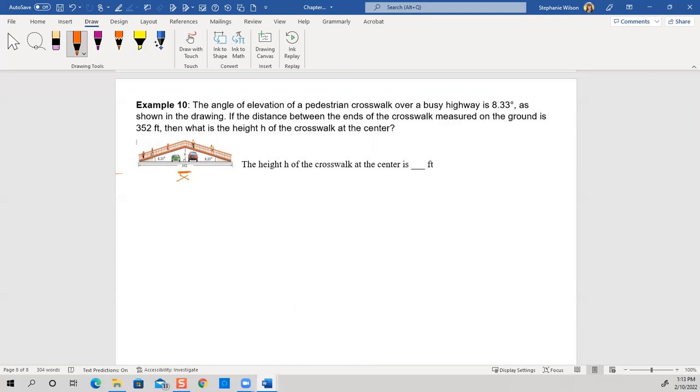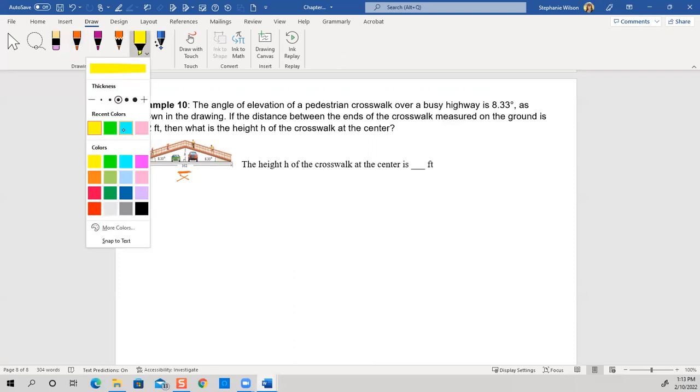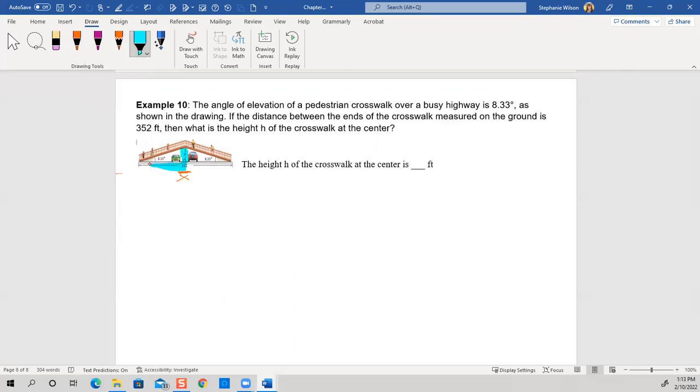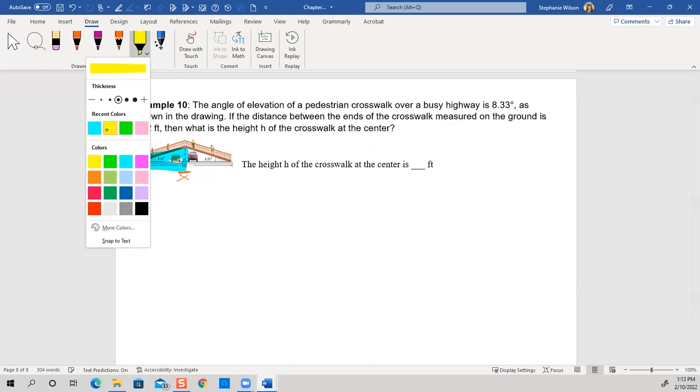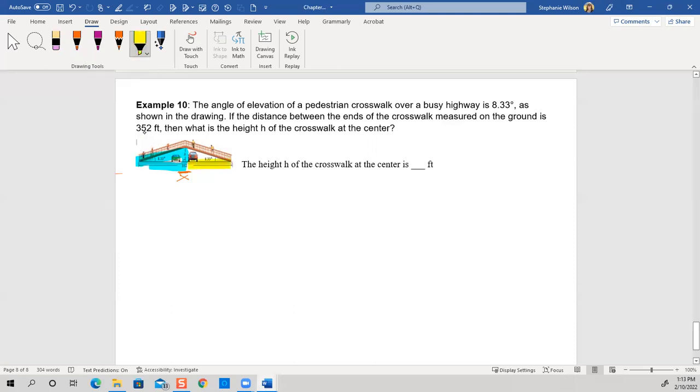We got two right triangles going on right here, right? If you notice, we have this right triangle, and then this right triangle.